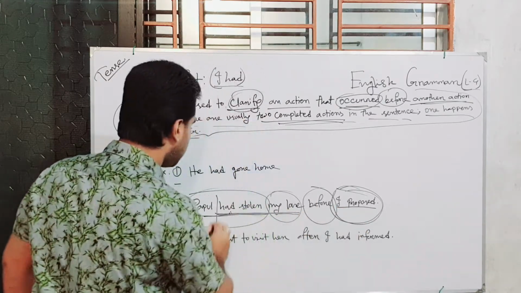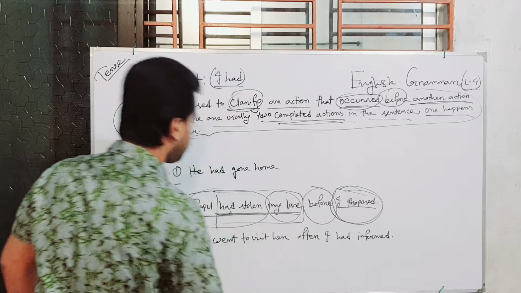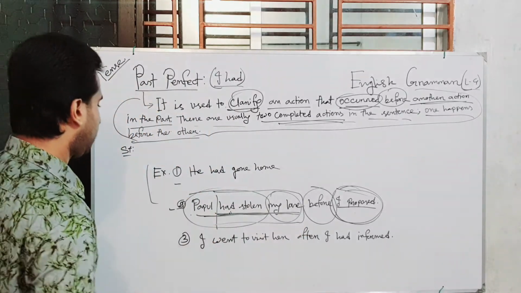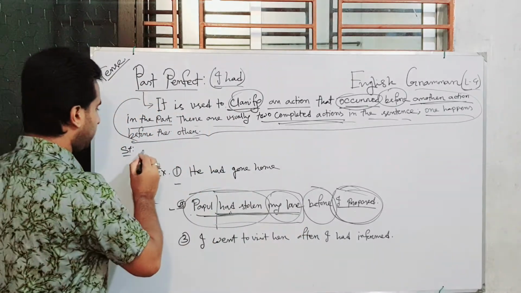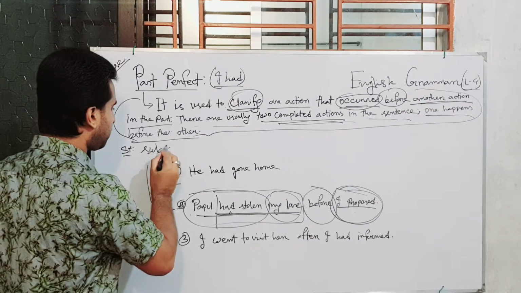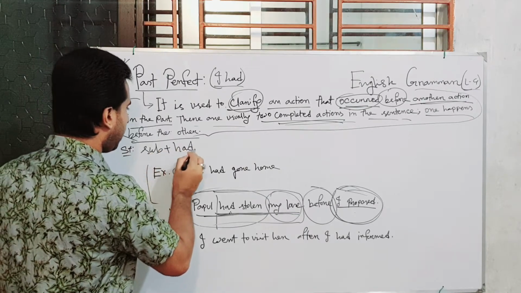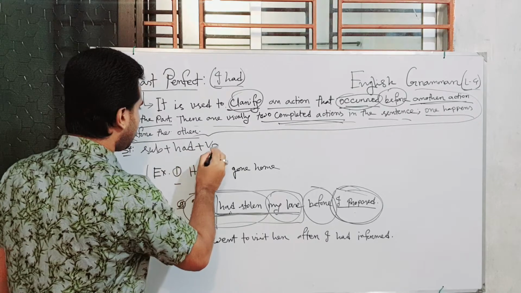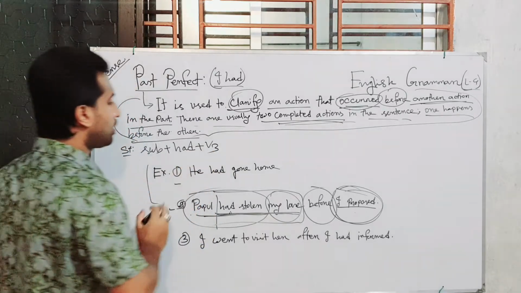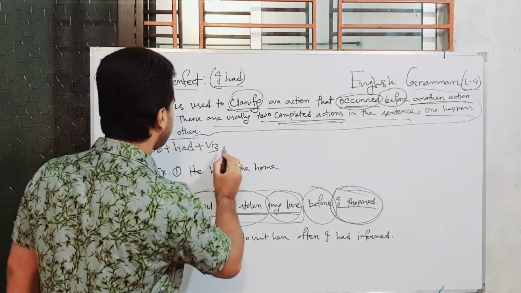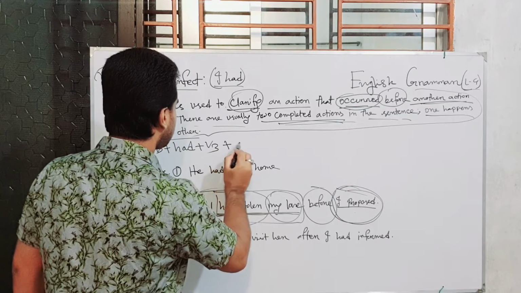So this is past perfect tense. The structure is subject plus had plus V3, that means the past participle form of the verb, plus the rest.